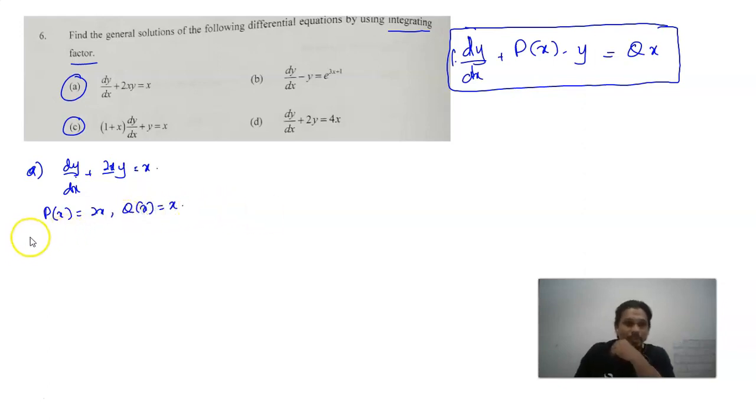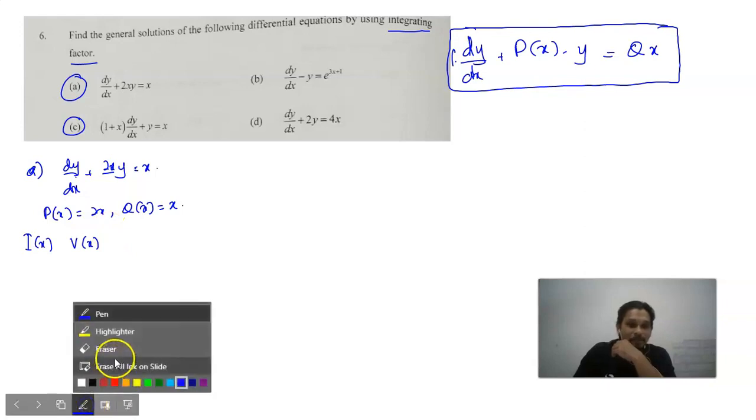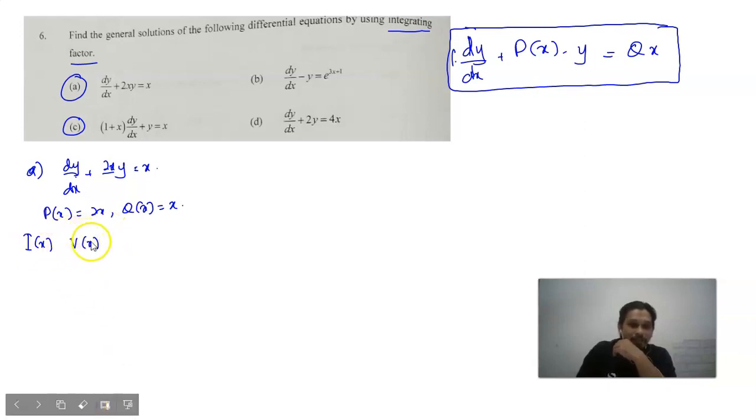Okay, so we are going to find the integrating factor. Some books use the term I(x), and some books use V(x), integrating factor. It's all up to you, either V or x, it is just a symbol, as long as we know we are trying to find the integrating factor. I mostly use V(x), which is e to the power of the integral of P(x) dx.